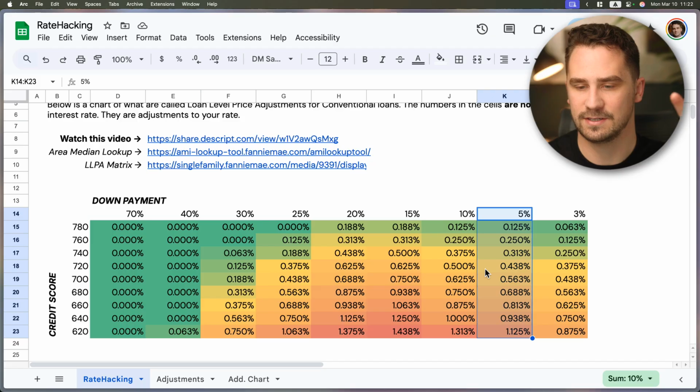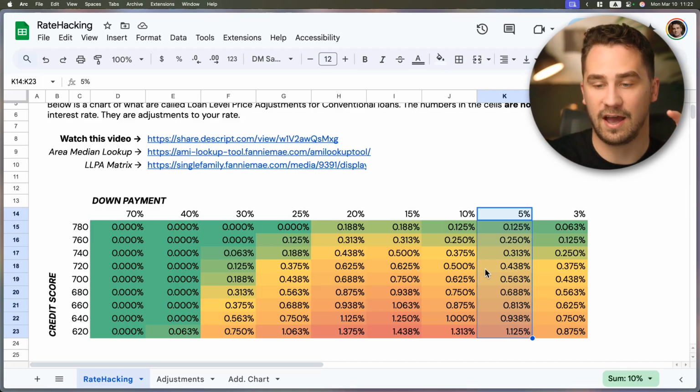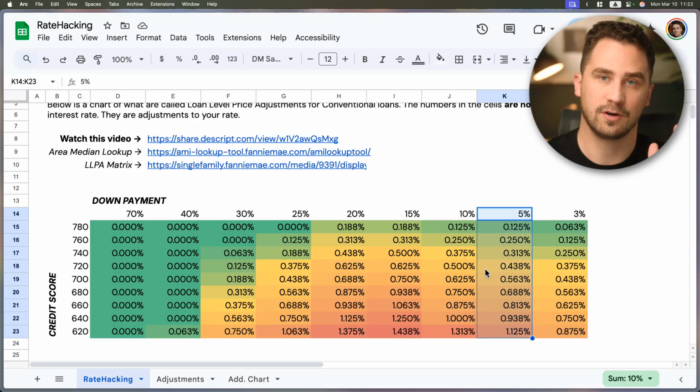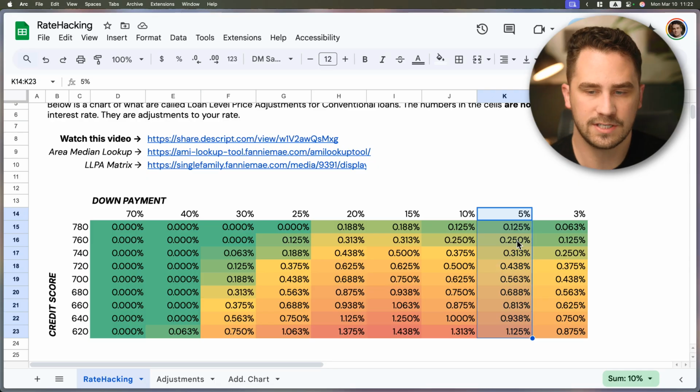So let's say it was 7.438. If you got a 740 score, then your rate should theoretically be 7.313. So you can see there's a difference between those two numbers. That's how much you're saving in interest. Versus if you went up to a 780 credit score, you're going to be saving a lot more, about 0.3% of a mortgage interest rate.